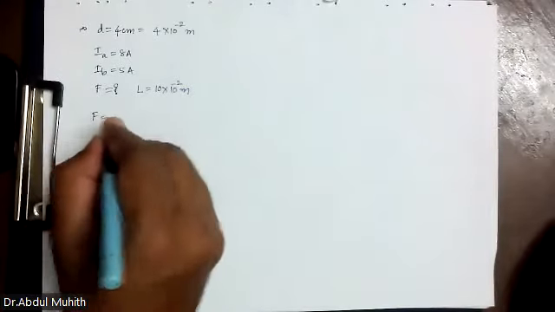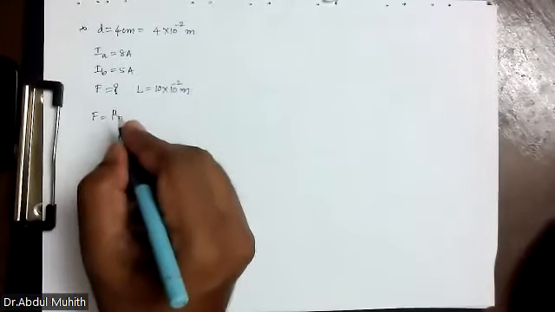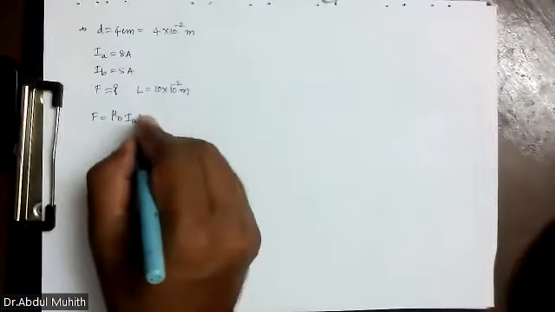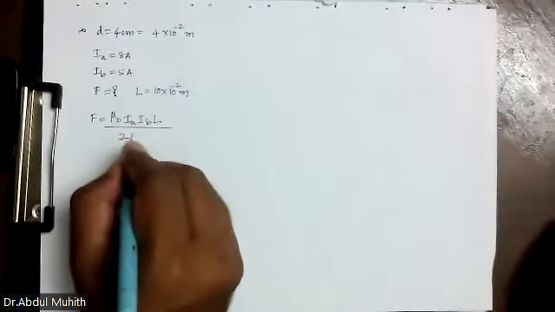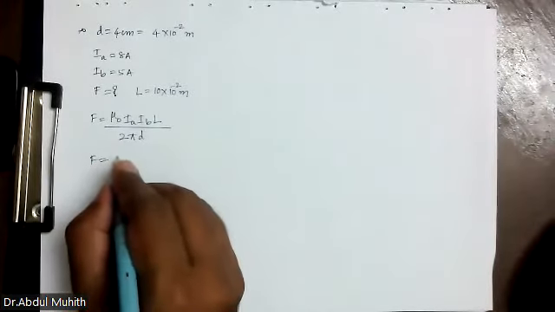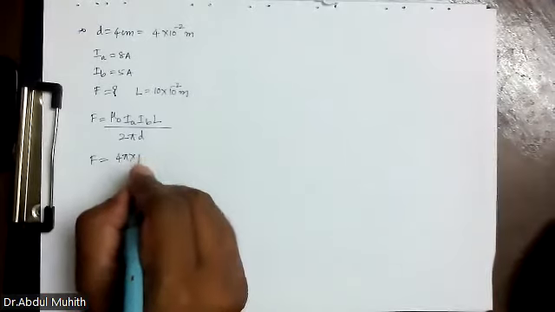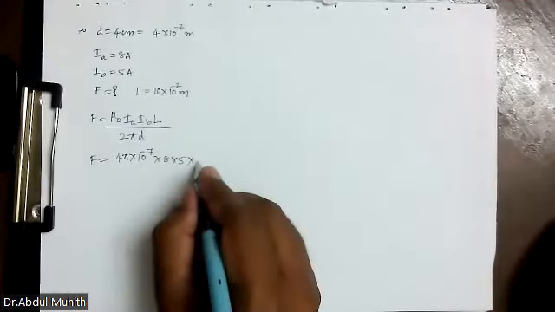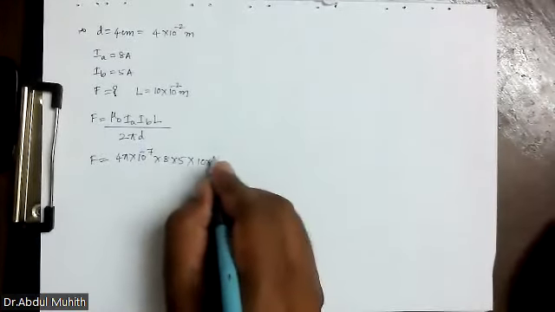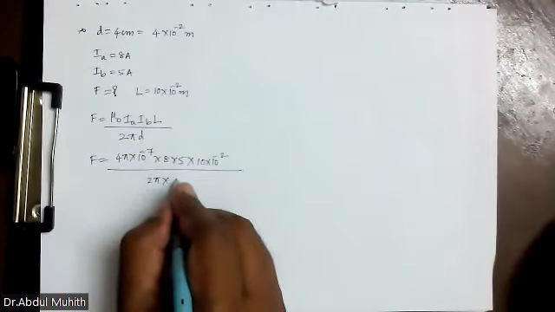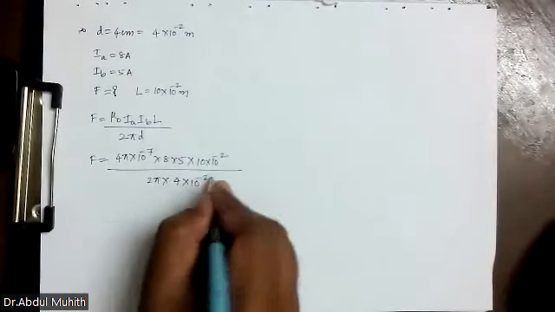He's asking for the force. F is equal to mu 0 IA IB L divided by 2 pi d. This is the formula. So F is equal to 4 pi into 10 to the power of minus 7, this is mu 0, times the current 8 into 5 into L, length 10 into 10 to the power of minus 2, divided by 2 pi into d, which is 4 into 10 to the power of minus 2.